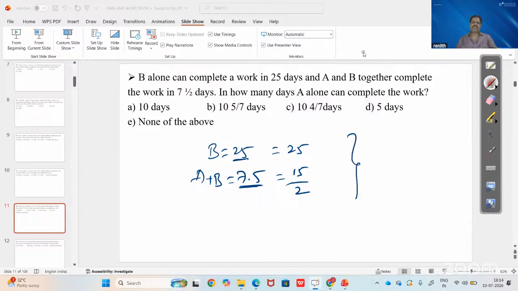We need to take the LCM of 25 and 15. What is the LCM of 25 and 15? 75. To get 75 in the 25 table, how many times do we multiply? Efficiency equals 3. Here we have 75, and here 7.5, so multiply by 10.